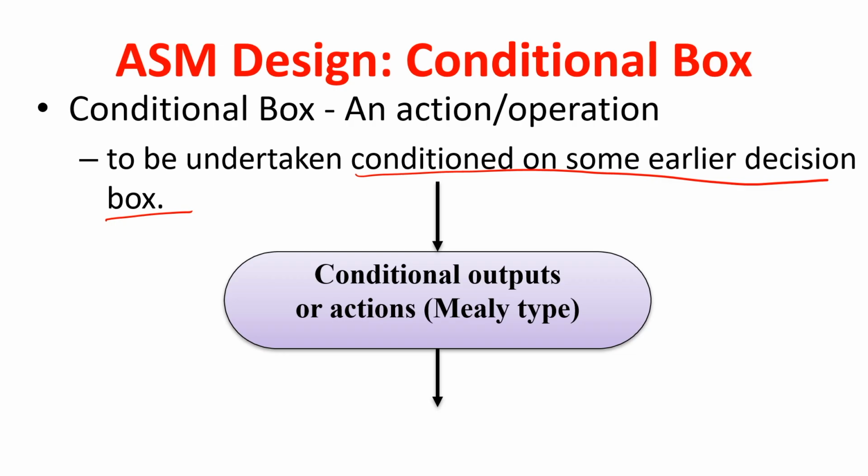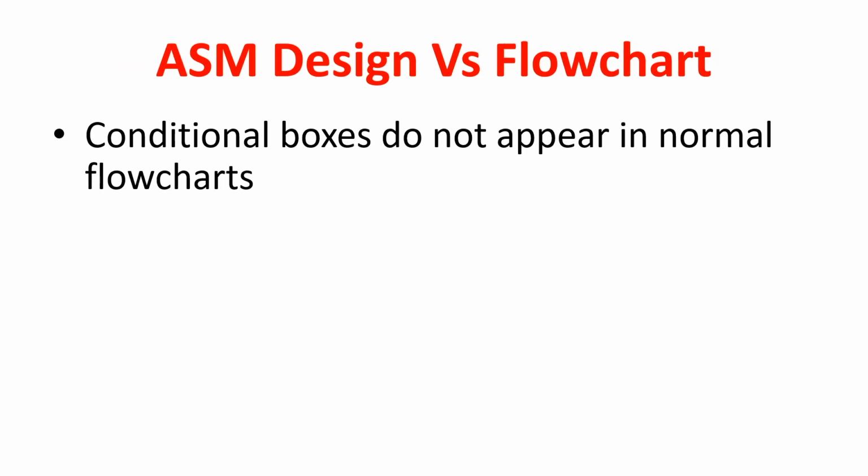We cannot put a conditional box without a decision box. We should have a decision box, otherwise we will not be able to do it. Conditional boxes do not appear in normal flow charts. This is the major difference as compared to flow charts.